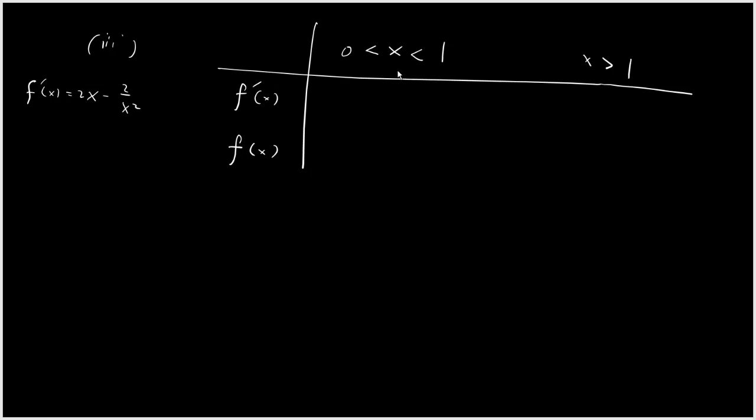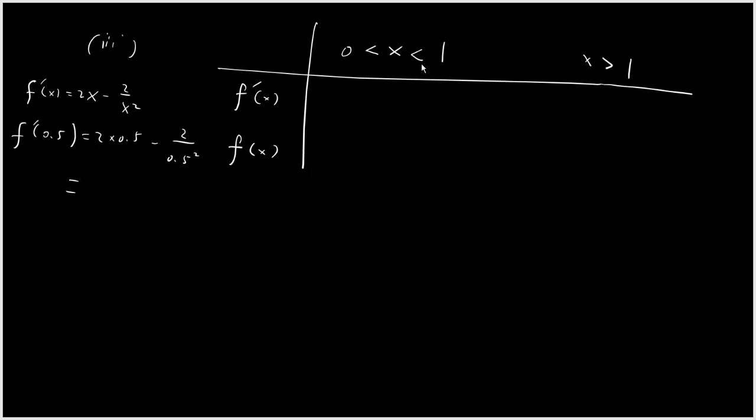Anybody want to tell me a test number on that interval, please? You could use any test number. Try to use some nicer numbers. So maybe 0.5, 1/2, right? Now let's use 0.5. The derivative of the function at 0.5 is equal to 2 times 0.5 minus 2 over 0.5 squared, which is 0.25.